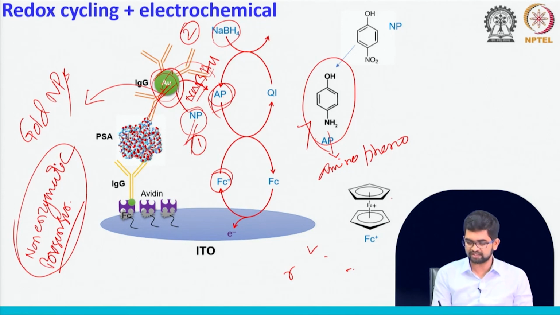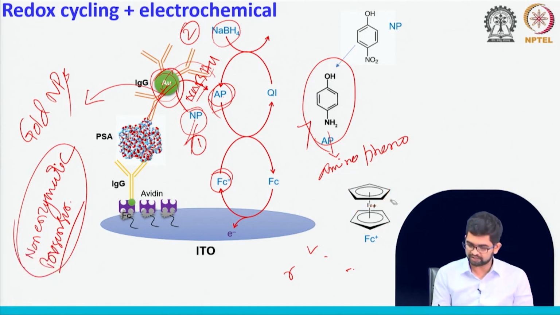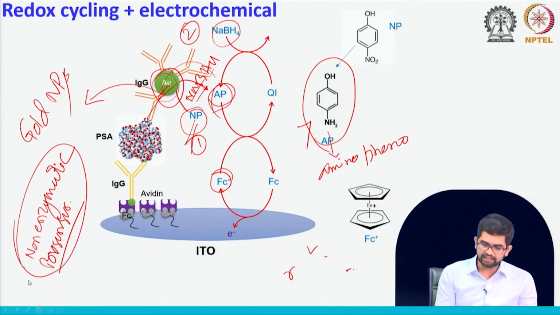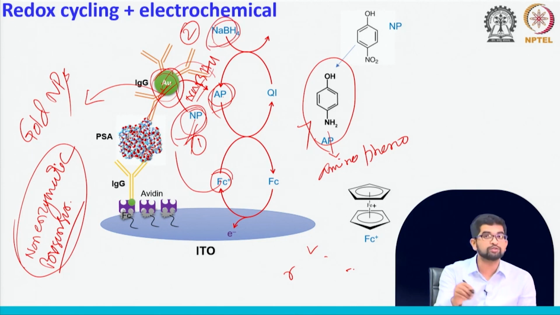The ferrocene structure is like this: a 5-member ring and here you can see the iron. So, this we are actually using as the starting material. Naturally, as I said before, ferrocenium plus nitrophenol and sodium borohydride should not react, because they cause the background current.